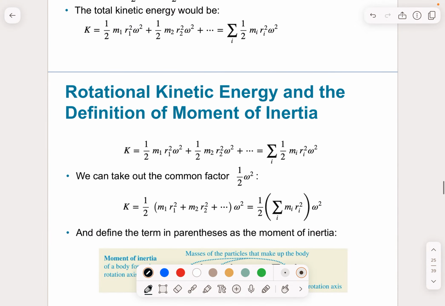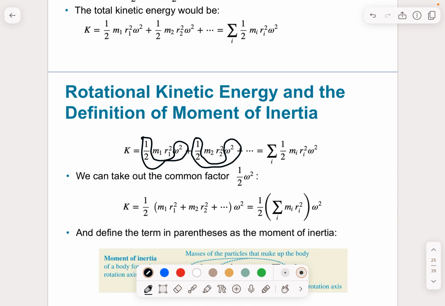Now, what if we play with it a little bit? We take out some common factors between the two objects, right? The common factor being a 1/2 omega squared, right? They both, m1 and m2, are traveling at omega squared because they have the same radius, right?